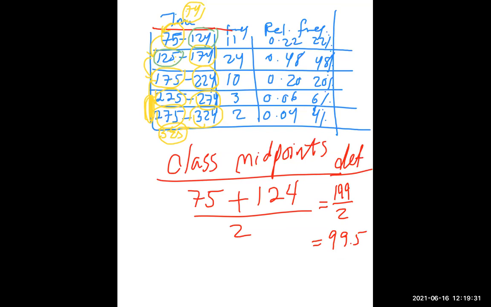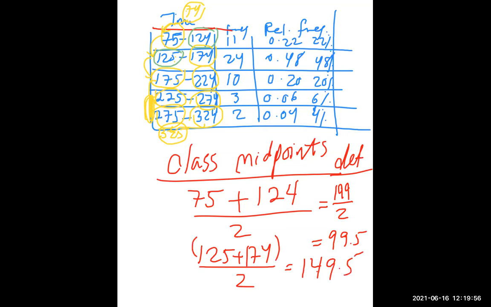Be mindful of what you're doing. The next midpoint, not class boundary, is 125 plus 174 divided by 2. Do it, I think you're going to get 149.5.